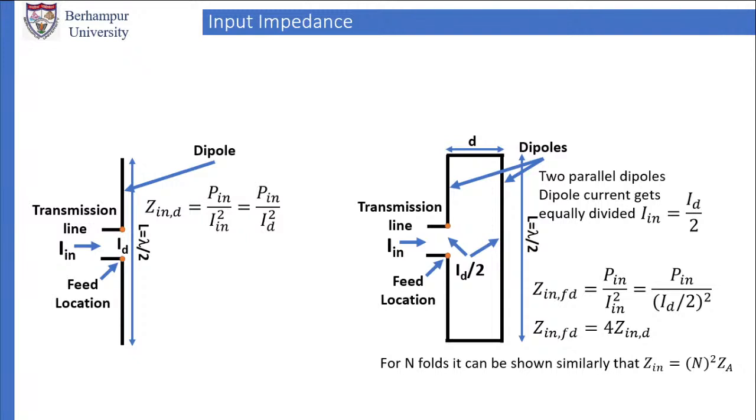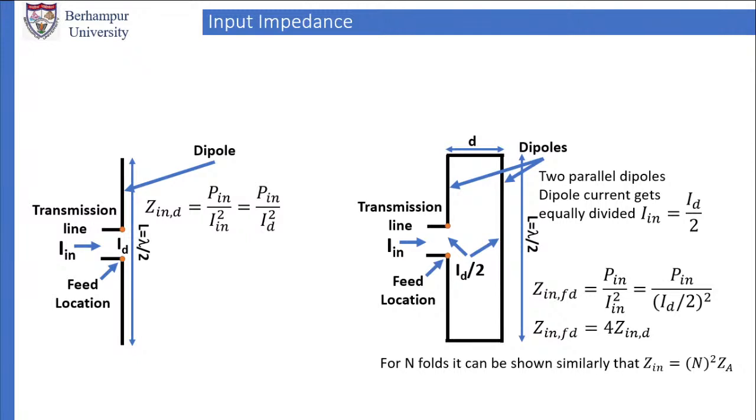Impedance we define as power divided by current squared. So Z_in,D is equal to P_in, the total input power, divided by I_in squared. Now I_in is equal to I_D. Therefore P_in by I_in squared is equal to P_in by I_D squared.